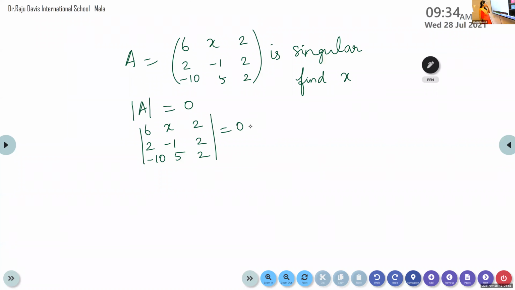So now, what you can do is expand it: 6 into minus 2 minus 10, isn't it?